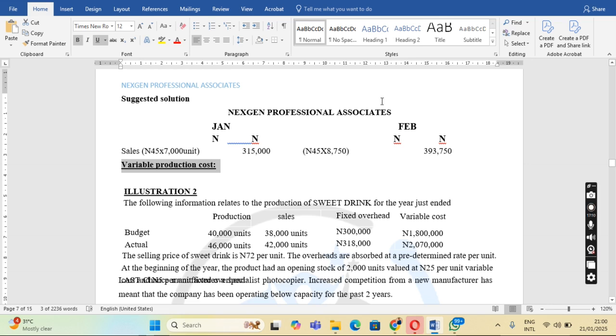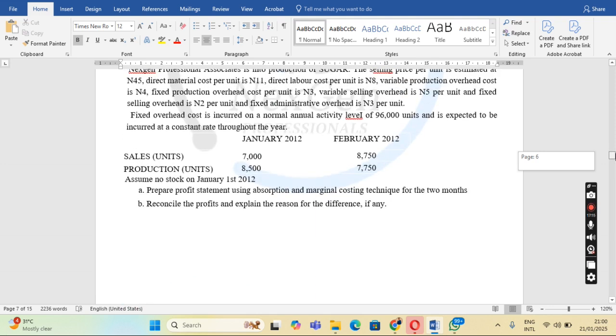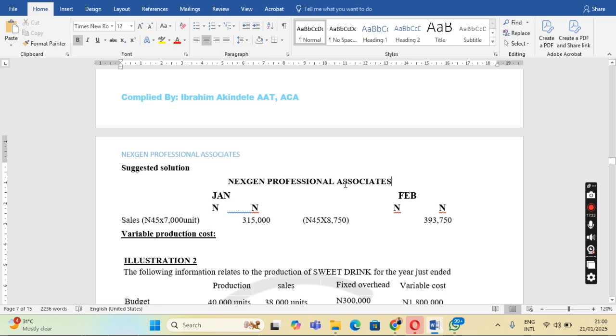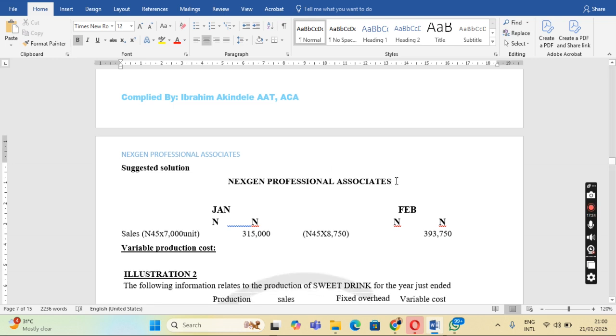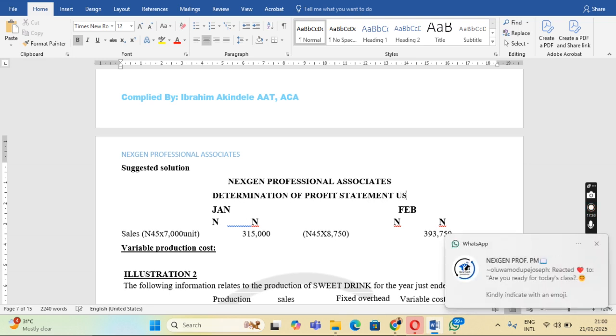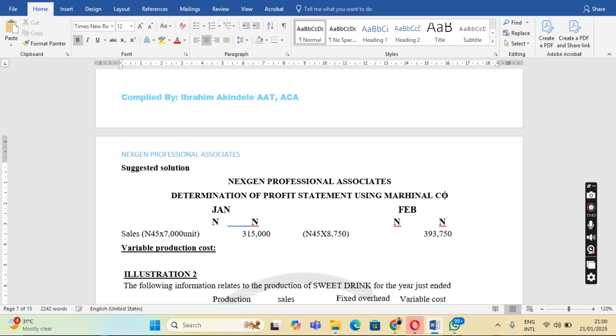Now in this case, because the requirement says prepare profit statements using absorption and marginal costing techniques for the two months, please always give it a heading. You can say computation or determination of profit statements using marginal costing.